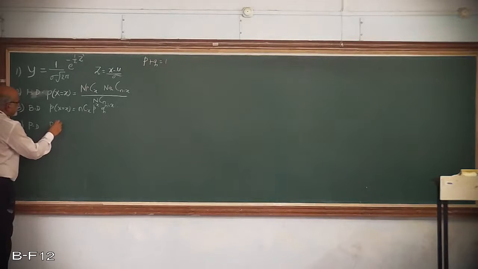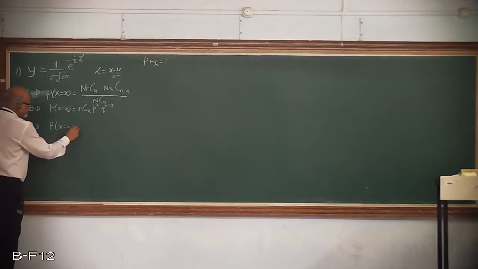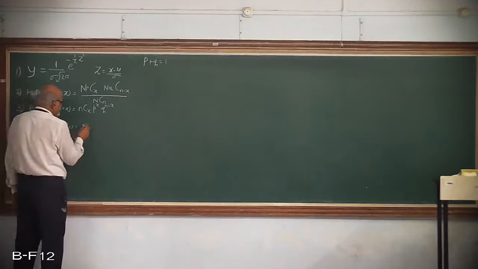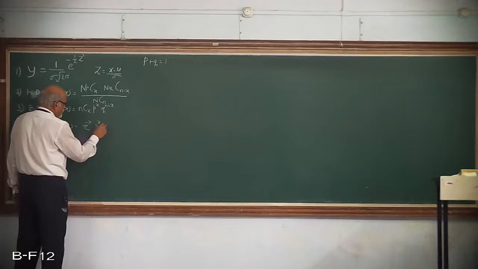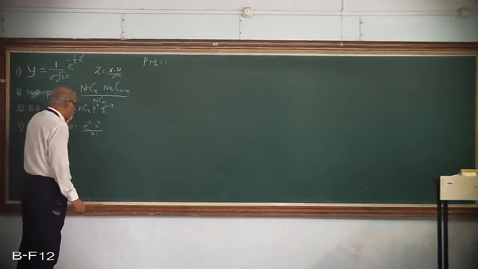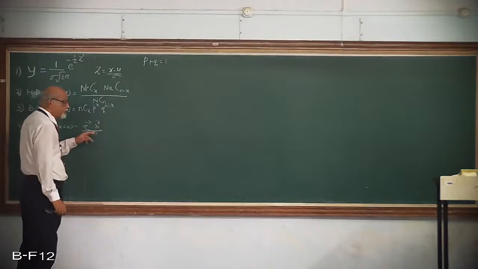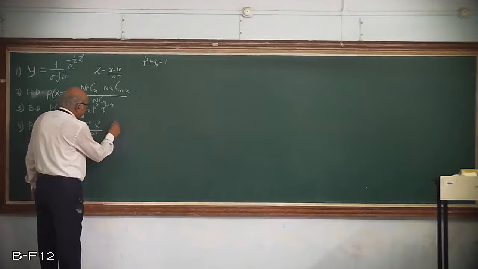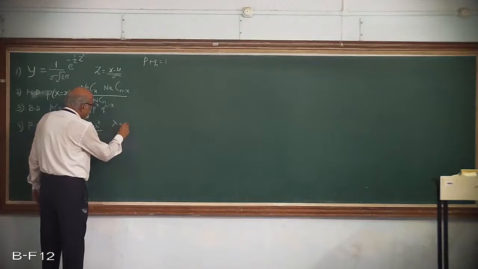Again, here I am interested in finding out that it will take a particular value x. This one is given by e to the power minus lambda, lambda to the power x divided by x factorial, where lambda is equal to n into p.